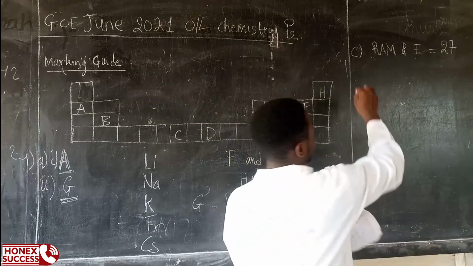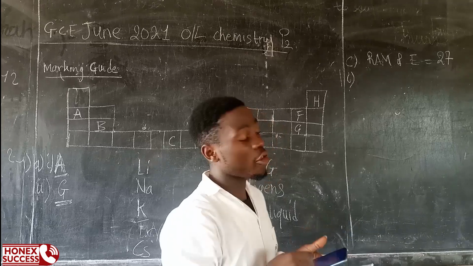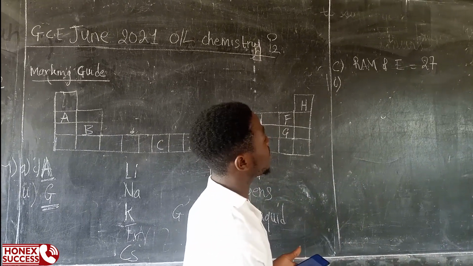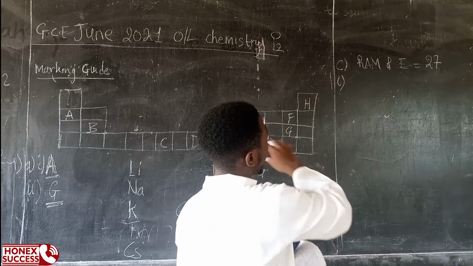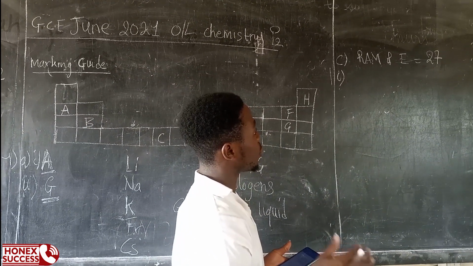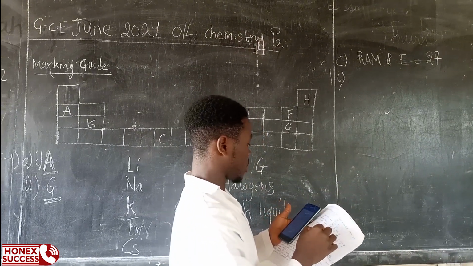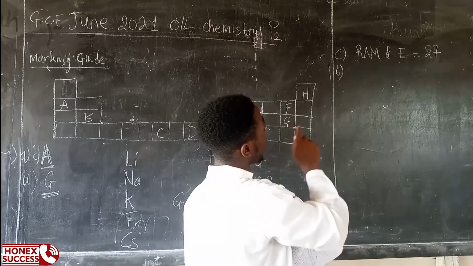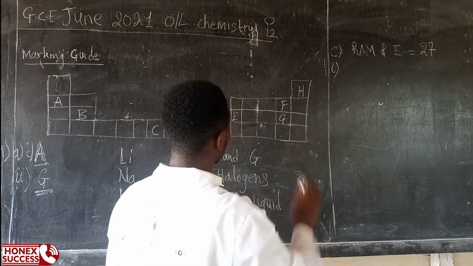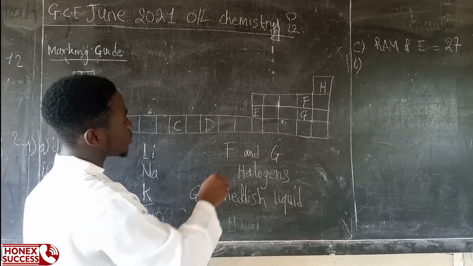Give the composition of an atom of E, Roman 1, the number of protons. So here we have been given the relative atomic mass of the element E, and Roman 1 is asking us to determine the number of protons that element E possesses.